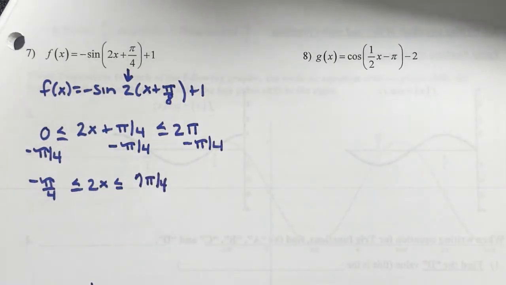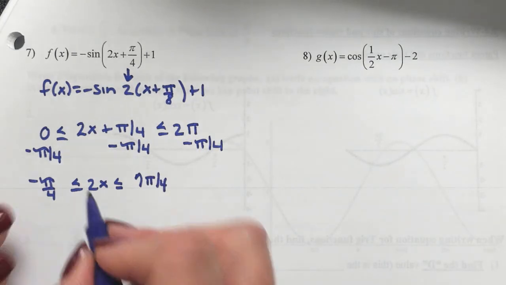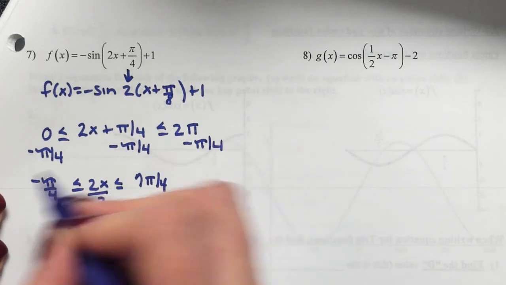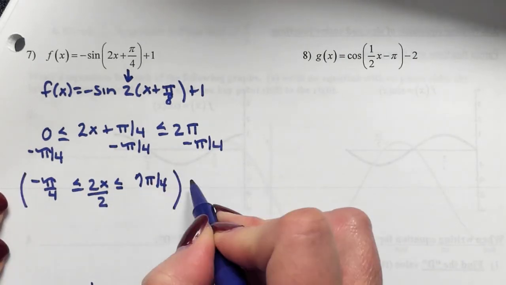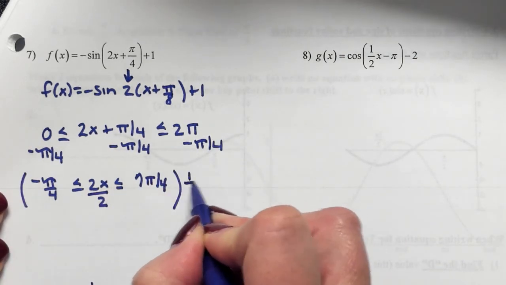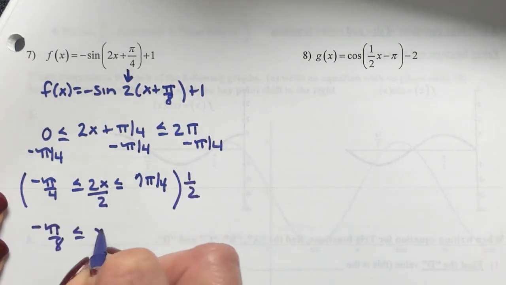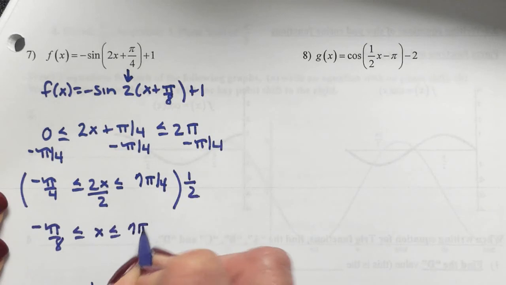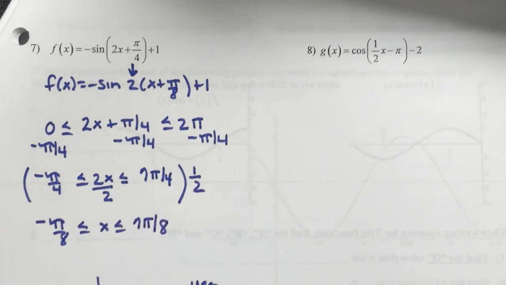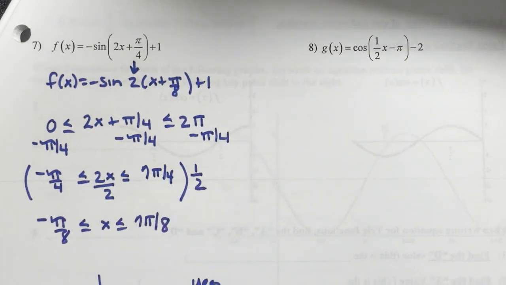And then to get x by itself, what am I going to have to do? Divide by 2. And again, remind me, when I divide by 2, it's the same thing as multiplying by what? 1/2. So negative pi over 8 less than or equal to x less than or equal to 7 pi over 8. Again, you should have a negative x value. Remember, you told me that you were shifting to the left of 0, so I know that the x coordinates to the left of 0 are going to be negative.